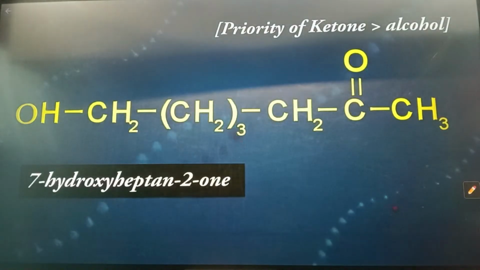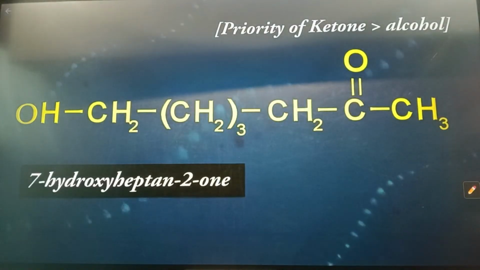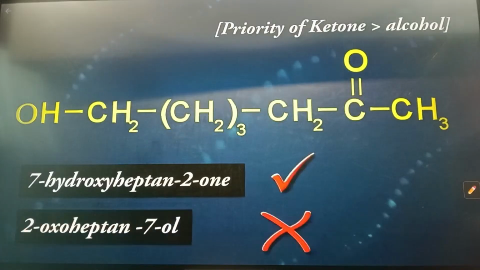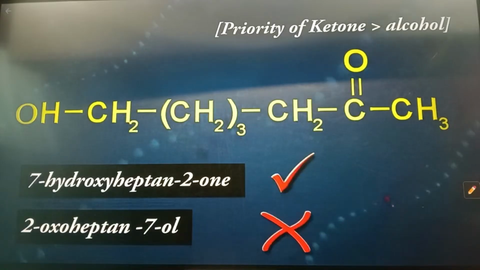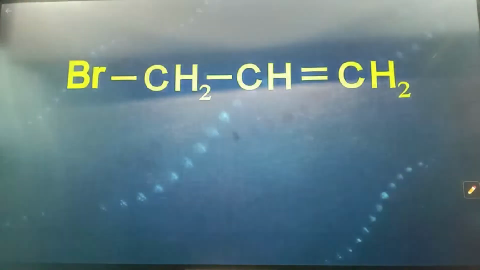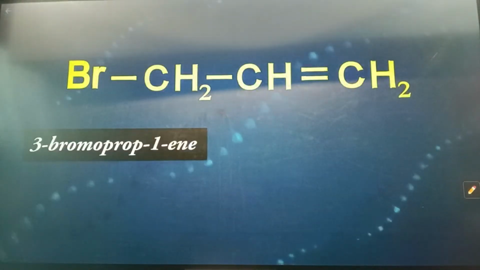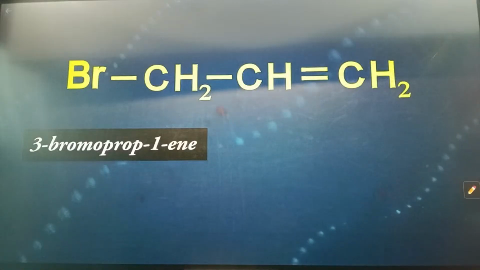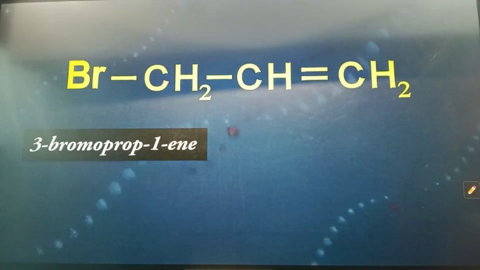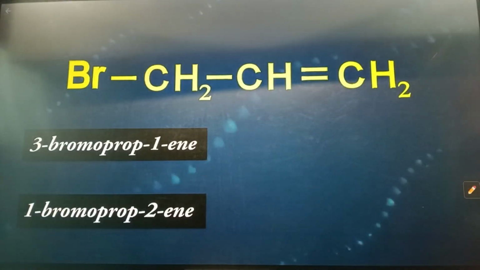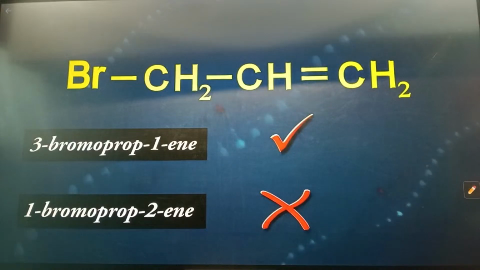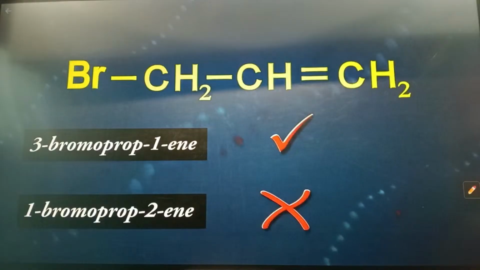And is named as 7-hydroxyheptan-2-one and not as 2-oxoheptan-7-ol. Similarly, BrCH2CH=CH2 is named as 3-bromoprop-1-ene and not 1-bromoprop-2-ene. As already discussed, halogens are prefix substituents and not concerned with the priority.